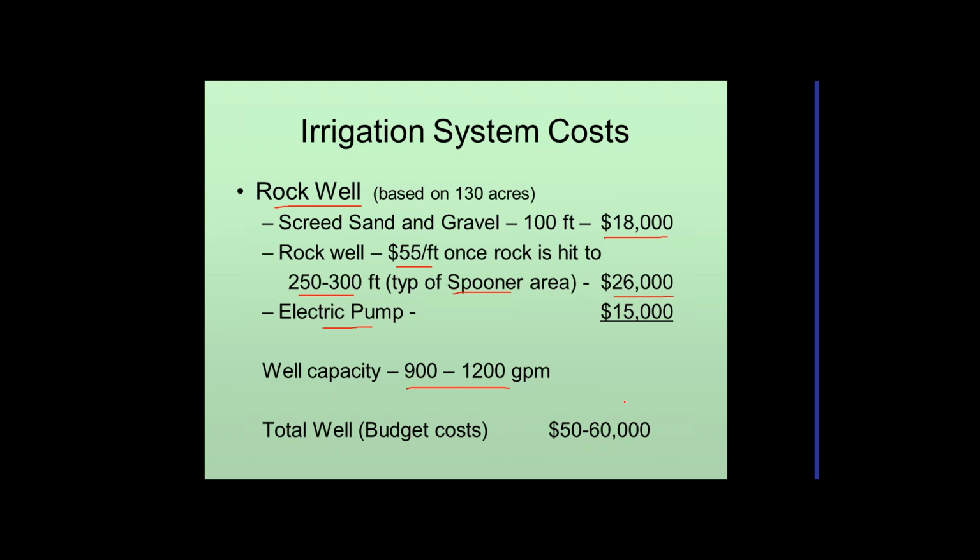So my budget on my well is going to be $50,000 to $60,000 roughly to put a well, based on this. Now, Central Sands area, they'd probably be quite a bit less because one, they don't have to be as deep, and two, you're typically not dealing with much rock.